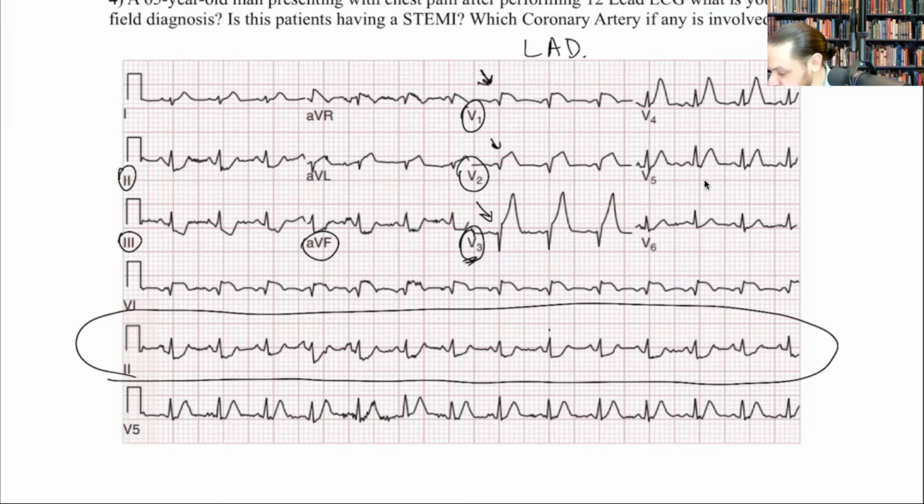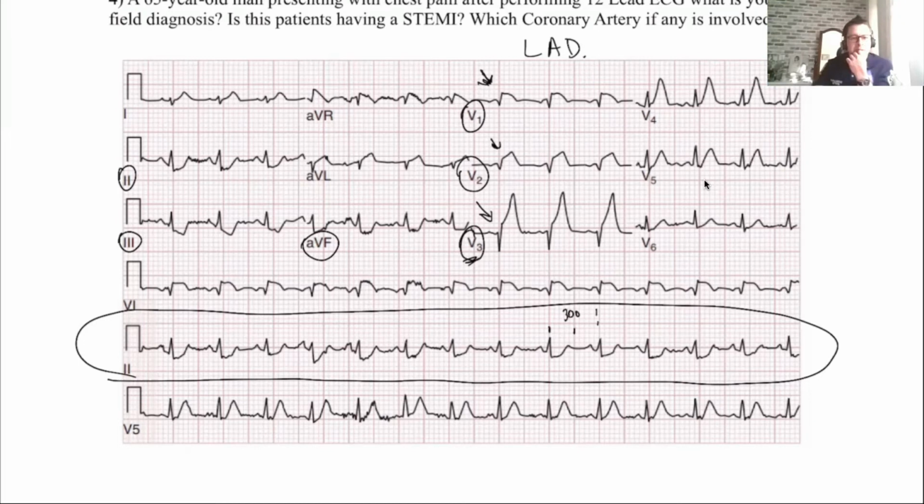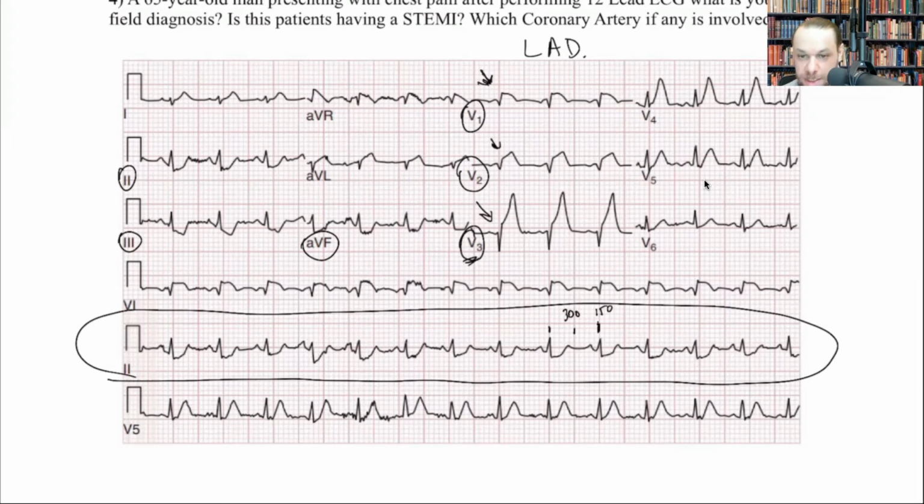If we look at this complex, you see this is 300, 150, 160. So it kind of falls exactly there. So this person is having tachycardia, right? 300, 150, so it could be 160 between those points.